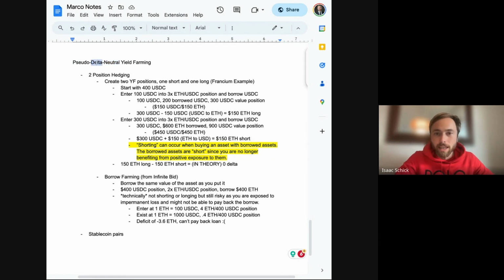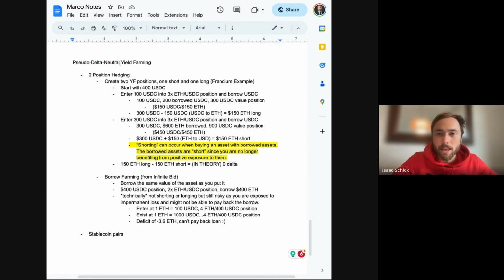Delta is a word that in finance means the difference between an asset and a derivative asset. For these purposes, delta is going to mean the difference between an asset and the investment value of an asset. Even though in finance circles, this could be if you have a dollar derivative and you invest into it, you want to make sure that dollar derivative remains close to whatever your investment was in dollars.